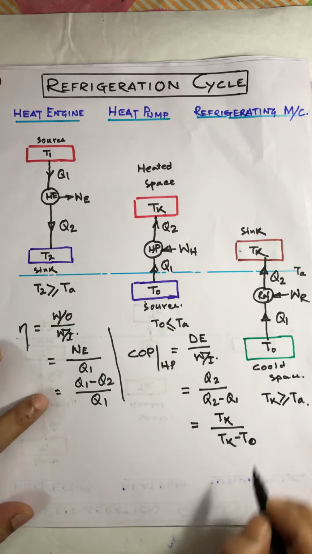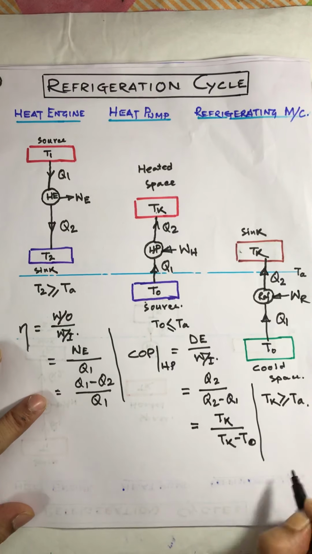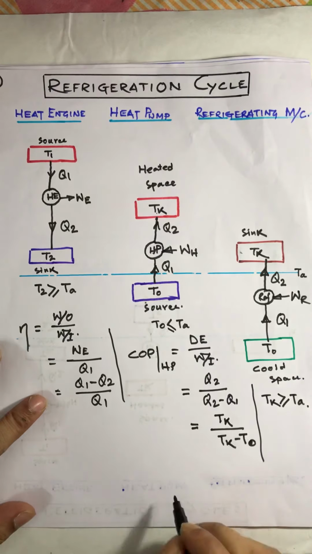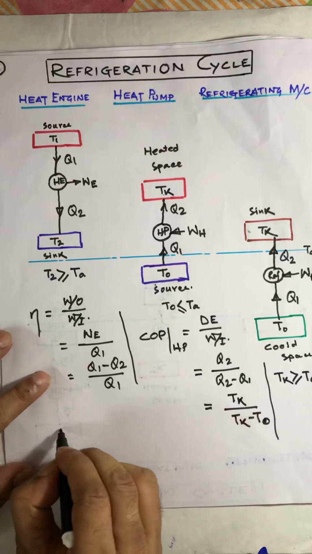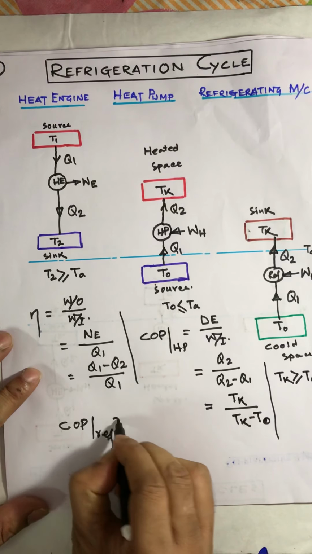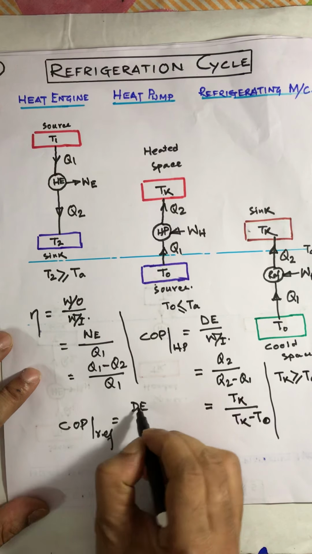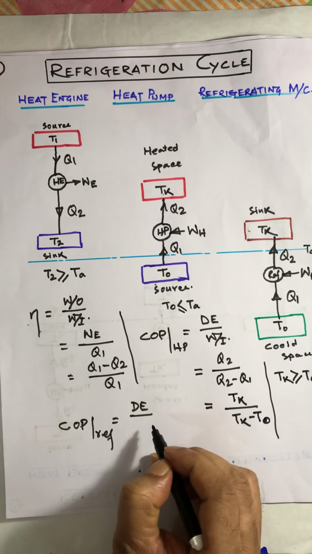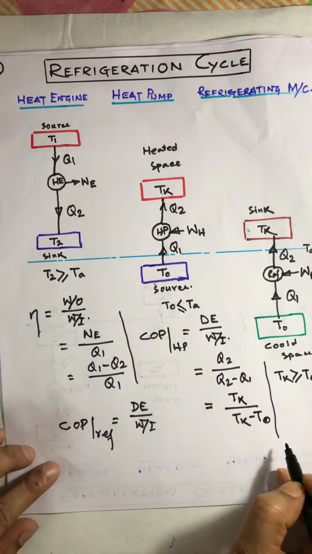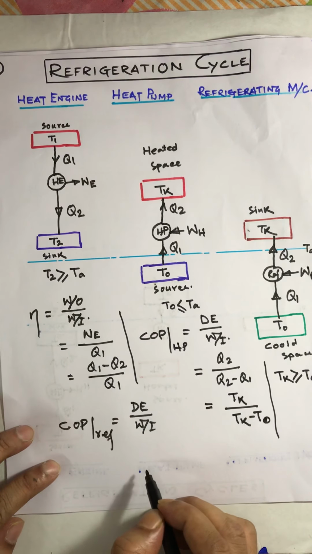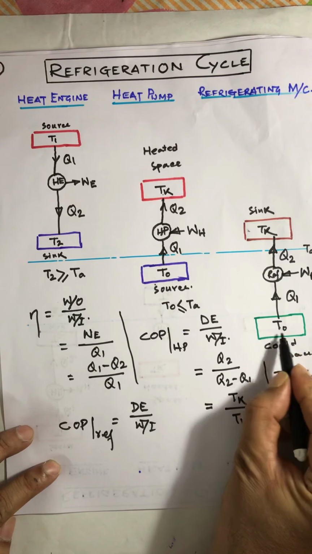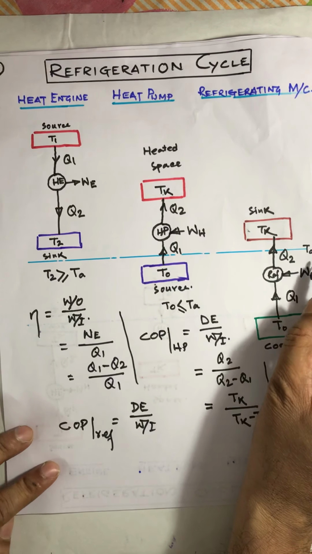And for the refrigerator or refrigerating machine, what will be the COP? The COP of the refrigerator will similarly be desired effect divided by work input. For that particular case, the desired effect is nothing but Q1, because we have to maintain this T naught temperature, which is less than the atmospheric temperature.